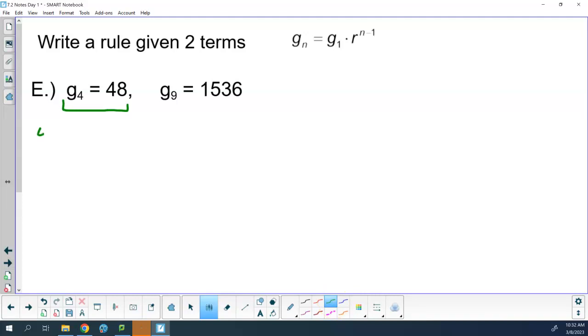So that would be 48 is equal to some first term times r to the 4 minus 1 power. I don't know my first term, I don't know my r value, but I do know that 48 is going to equal g sub 1 times r cubed. Then you're going to repeat that process for this one.